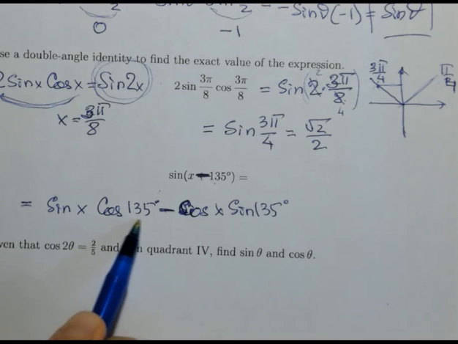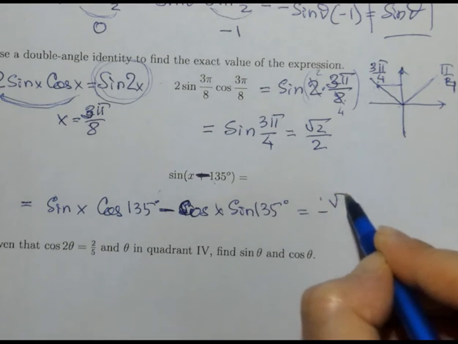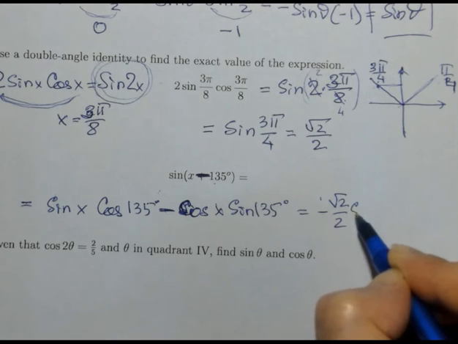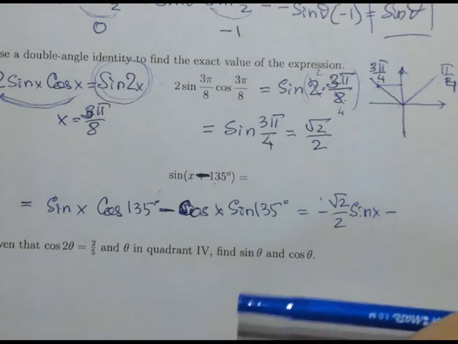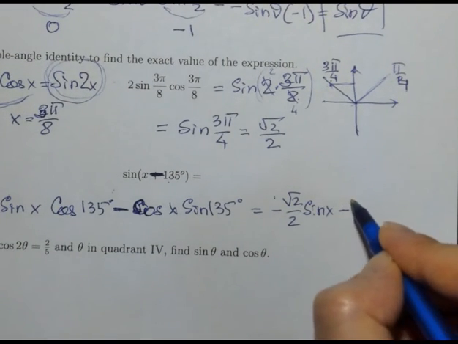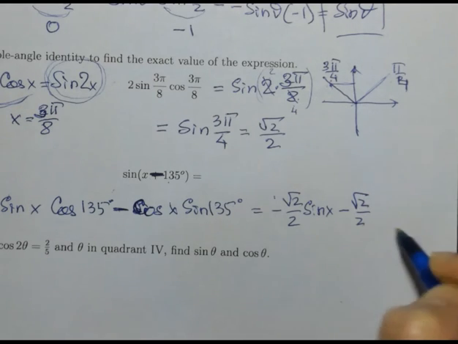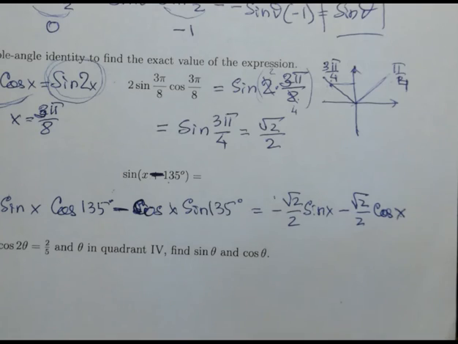So here we substitute negative square root of 2/2 times sine x minus, and sine of 135 is positive, so we substitute positive square root of 2/2 cosine x.